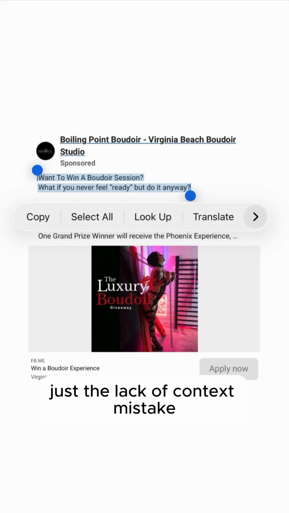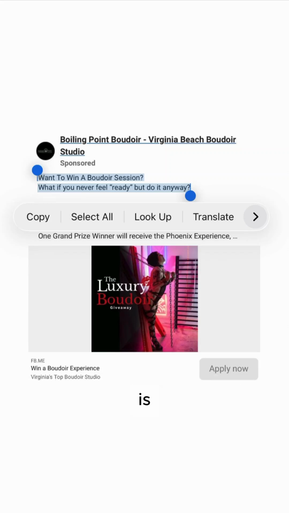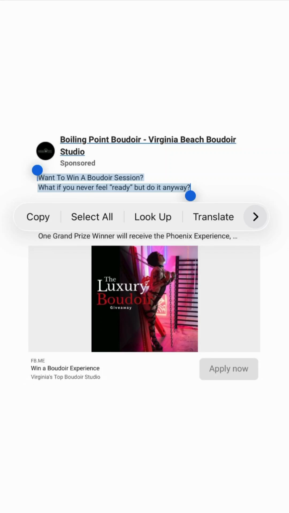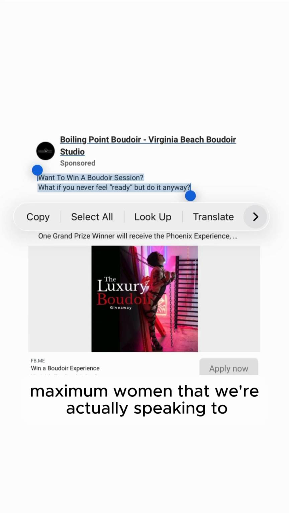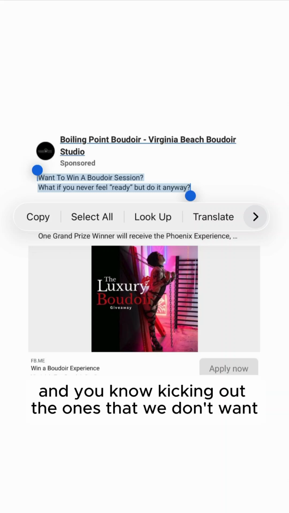So it's the lack of context mistake. The false belief that causes us to make this mistake is that we actually believe we've got enough context to call in the optimal number, the right number of maximum women that we're actually speaking to, instead of kicking out the ones that we don't want clicking on our stuff.